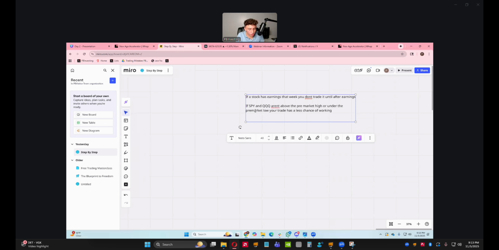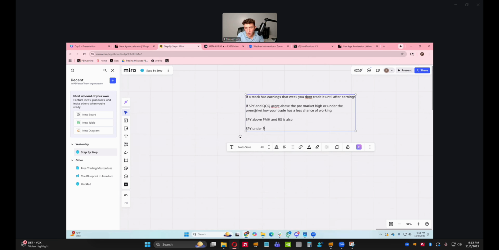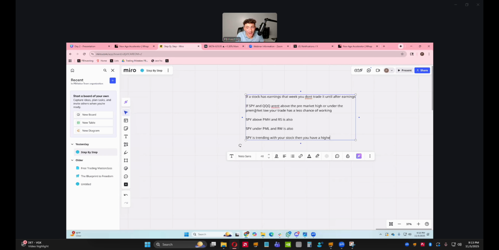So you want to look for trades where SPY is above the pre-market high and the relative strength is also there, or SPY's under the pre-market low and relative weakness also. Because if SPY is trending with your stock, then you have a higher chance of winning.